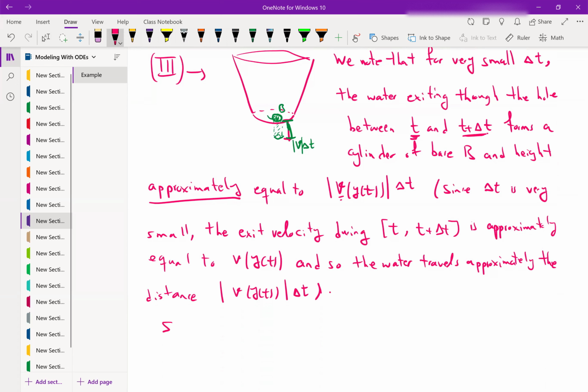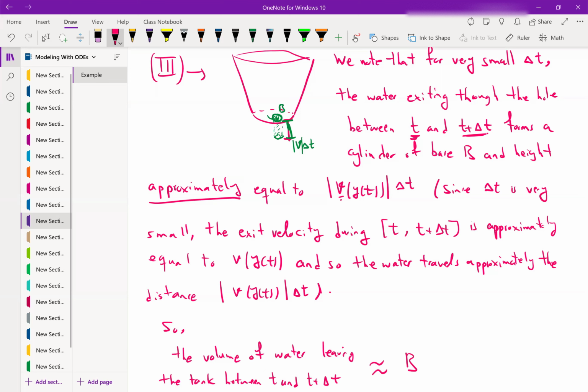The volume of water leaving the tank between t and t plus delta t is approximately equal to the area of the base.